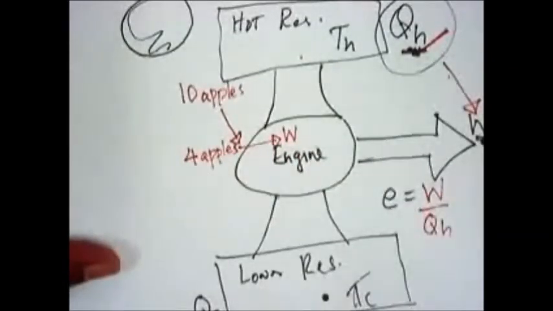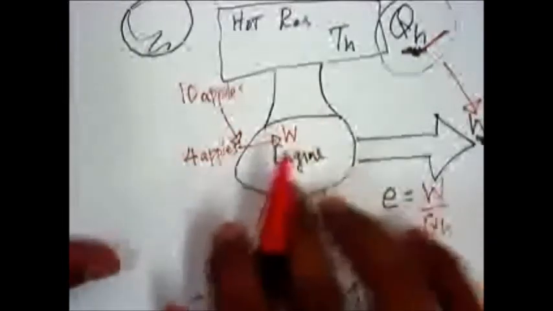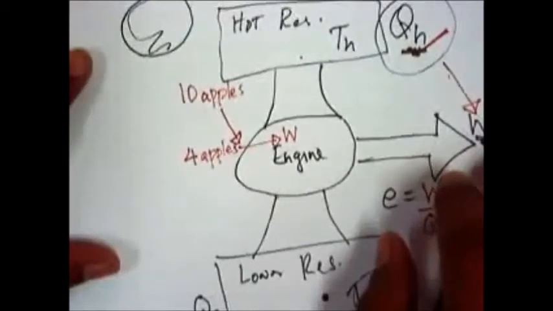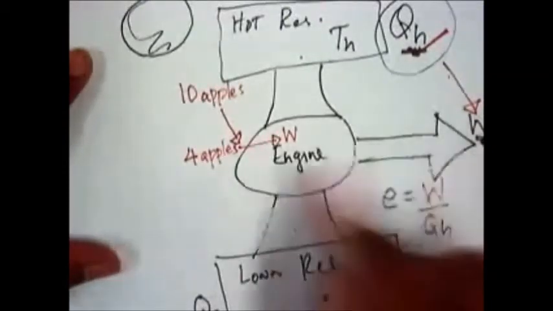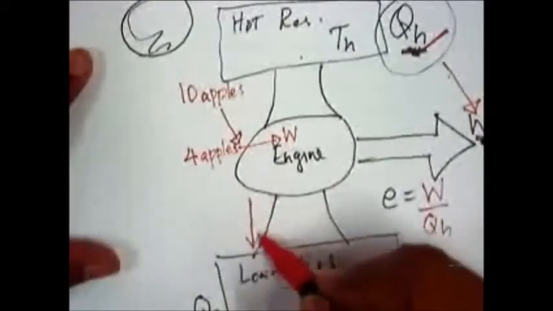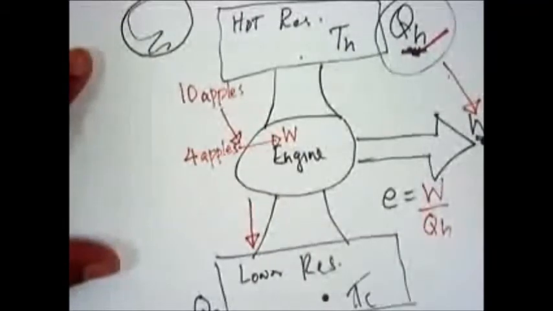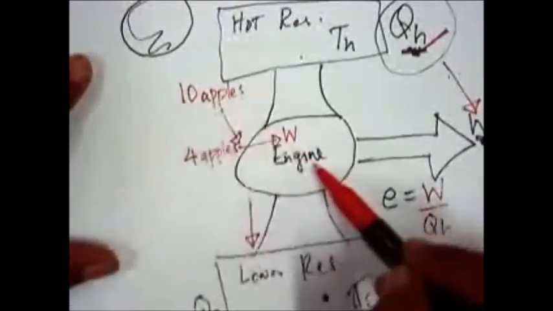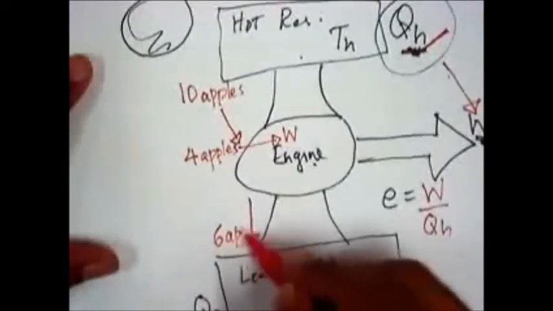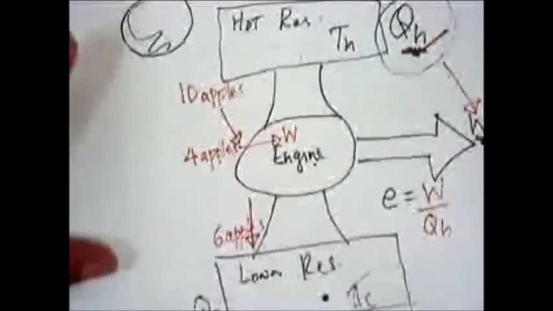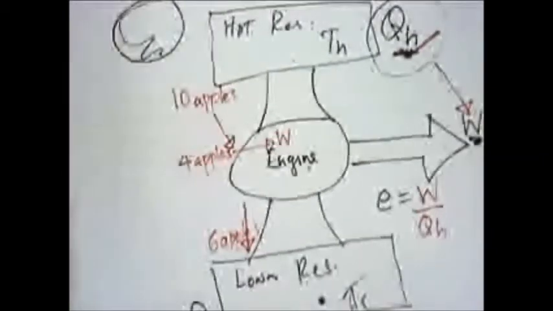Whatever apples are not used get discarded down here. So if 10 apples go into the engine and 4 are used, the remaining 6 apples are discarded. So how did we end up with 6 apples?